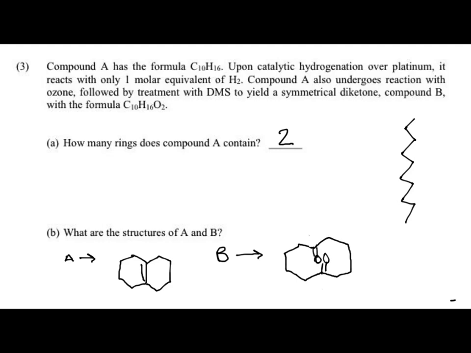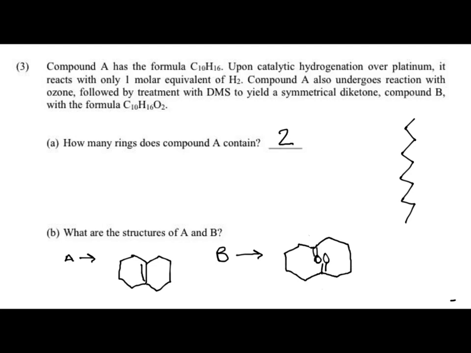And on the next exam, if there are other solutions, then they will be counted as correct. So some of it is trial and error, like trying different things. Some of it is trying to figure out how many unsaturations, how many rings you have, how many double bonds you have, what happens in the ozonolysis and stuff like that.